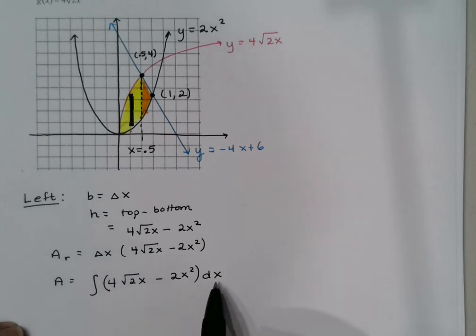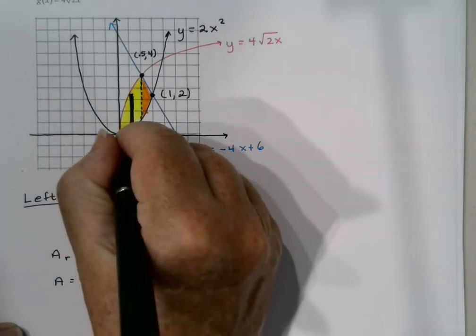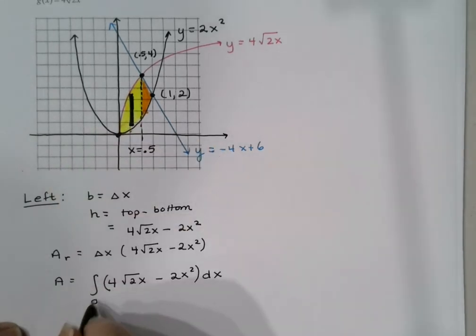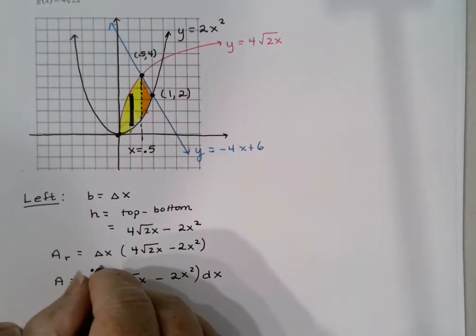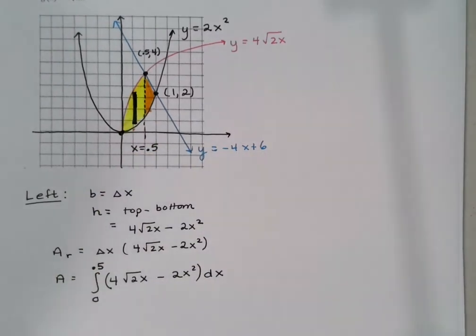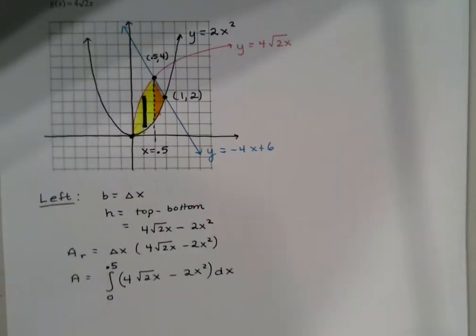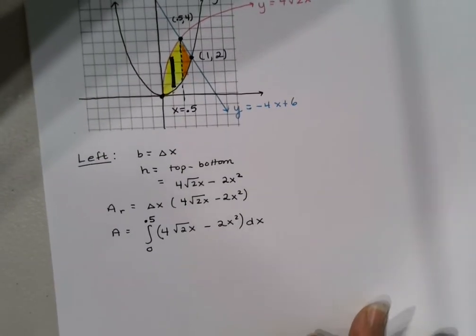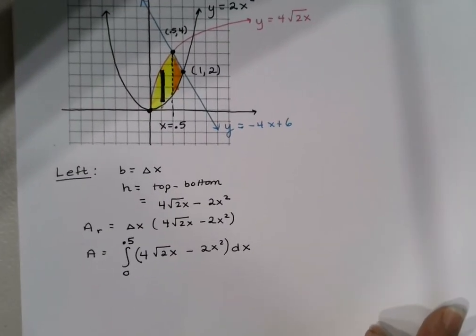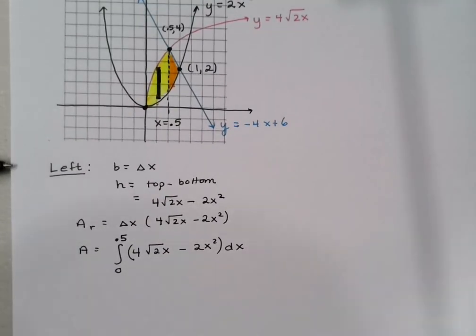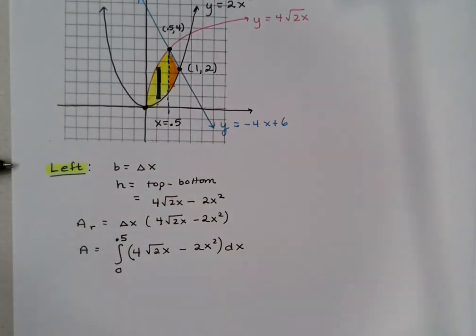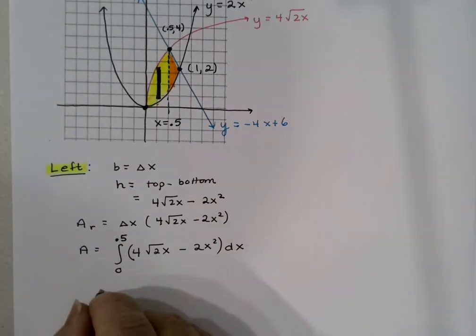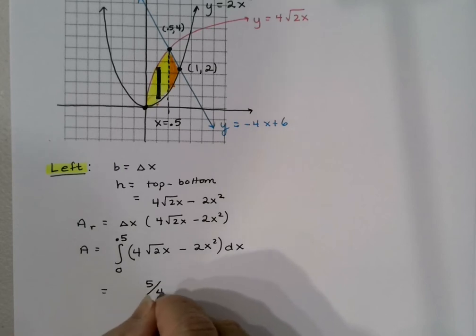I need x values, so I'm going to start here at x equals 0, and then I'm going to stop when I get to that dotted line at x equals 0.5. And that'll define that first region, the one over there on the left, which I've got shaded in yellow. All right, I pre-did this integral in my calculator, and I actually got 5/4 when I did it. Just plugged it in the calculator like we've been doing.